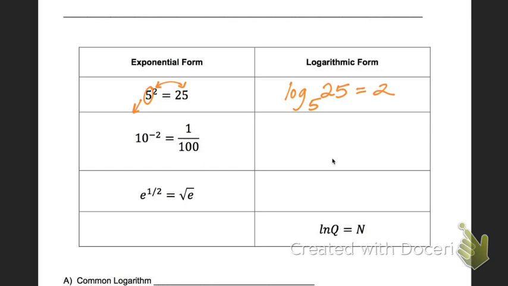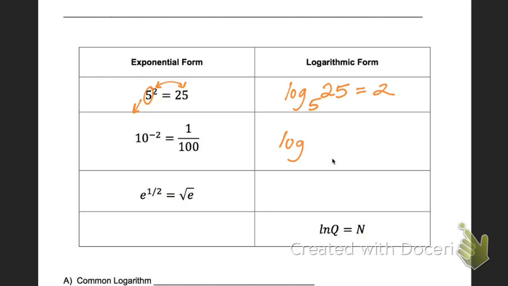So I want you to try switching the next one. We've got 10 to the negative 2 equals 1 over 100. The 10 comes down, the 2 and the 1 over 100 will switch. We don't change the negative, right?